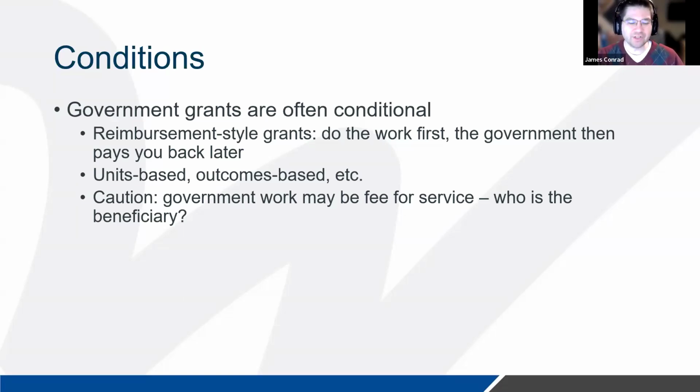They'll give you a chunk to cover your own costs. But often, all of this government funding is going to be units based, outcomes based. Did you serve the number of meals? Did you clear out the brush in the forest to lower fire danger? There's going to be numerical, tangible outcomes that they are looking for.